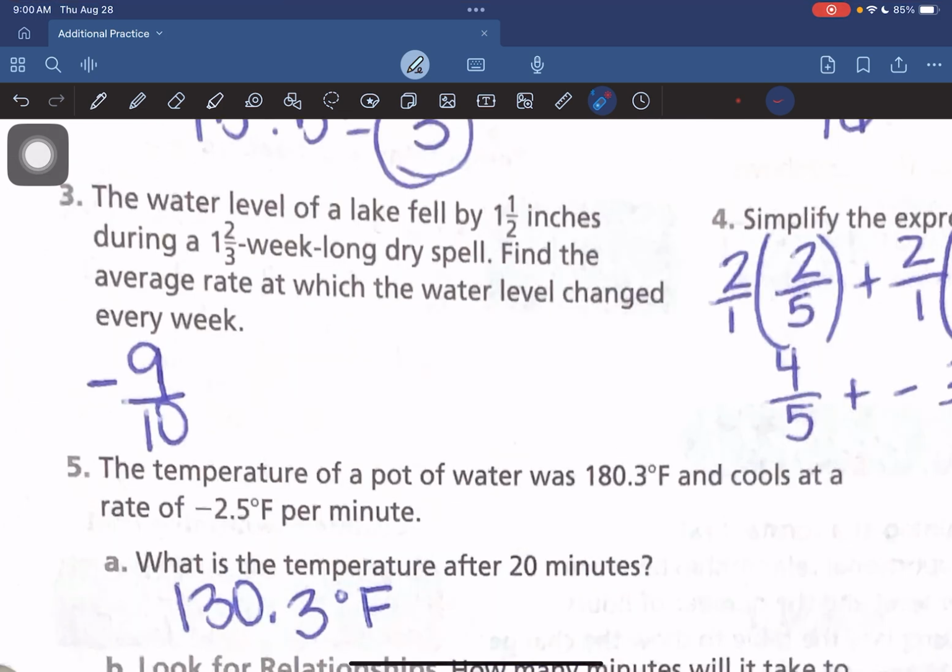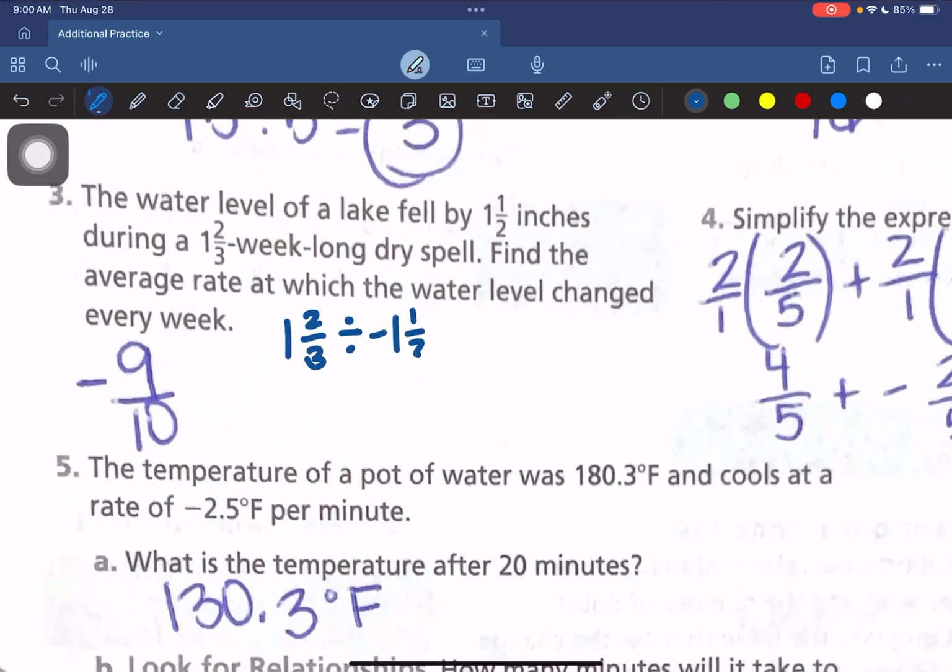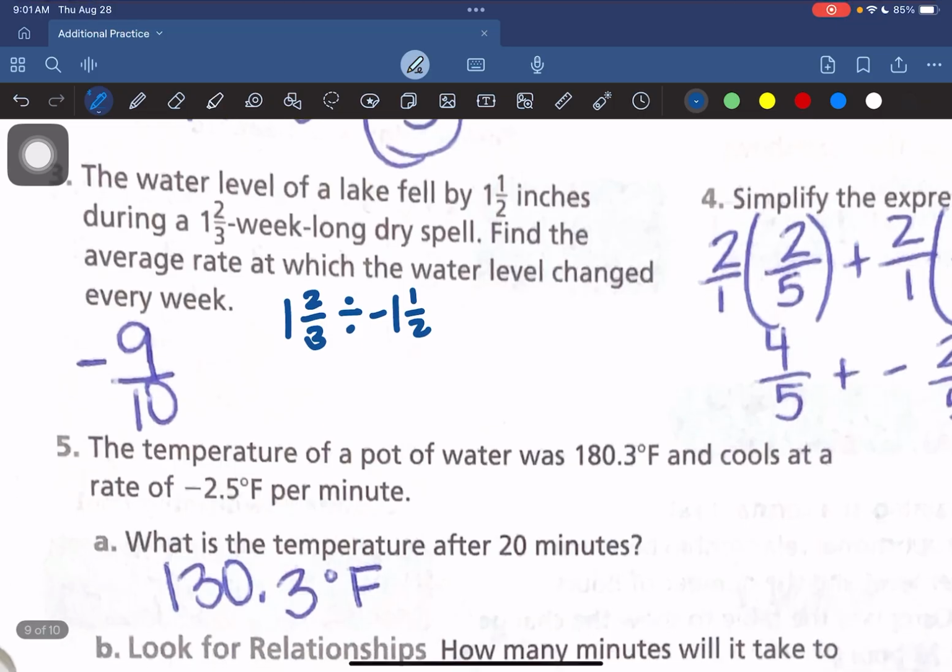The water level of a lake fell by 1.5 inches during a 1 2/3 week-long dry spell. Find the average rate at which the water level changed every week. Here we would have 1 2/3, and then it is falling -1 1/2 inches each week. We are going to change both of those into improper fractions. 3 times 1 is 3 plus 2 is 5.